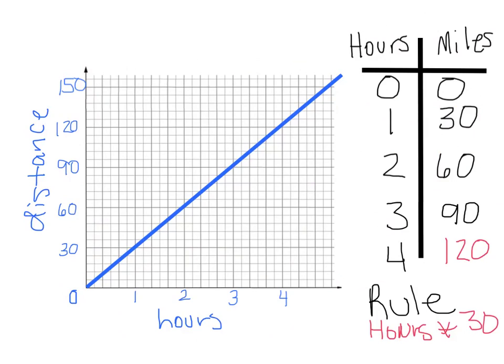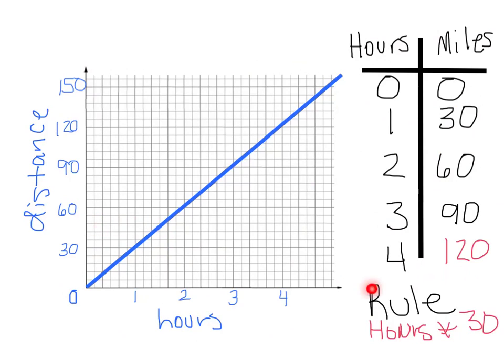So let's say that we wanted to know an hour and a half. I need to go halfway between 1 and 2 hours, and halfway is right here, and then I'll go up and I'm going to see where the line meets, and then I'll go over to read that distance. So that's halfway between 30 and 60. So an hour and a half is going to be 45 miles.